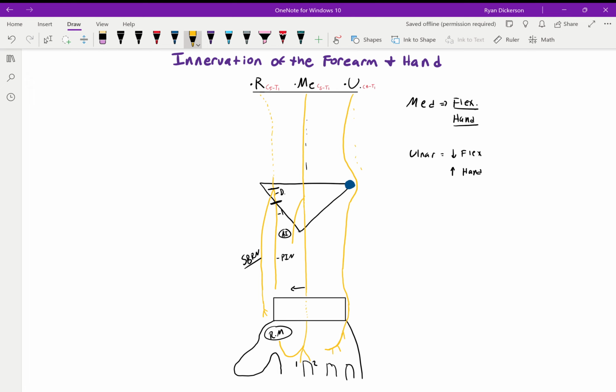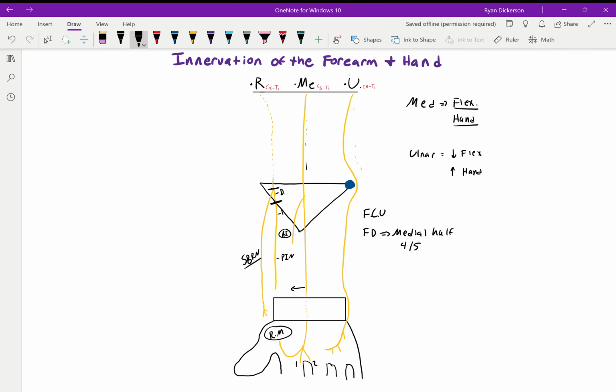So it's going to do the flexor carpi ulnaris, and then it's also going to do the other half of the flexor digitorum profundus, specifically the more medial half. Those tendons, or the muscle bellies that it innervates, are going to go to digits 4 and 5. Alright, so that's the ulnar nerve as it's passing through the flexor compartment of the forearm.